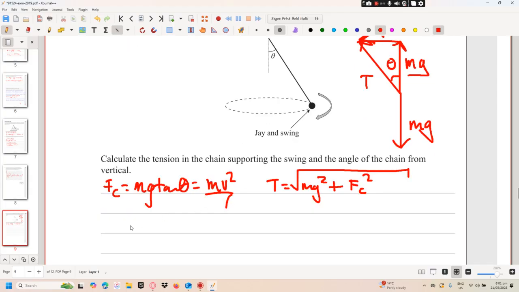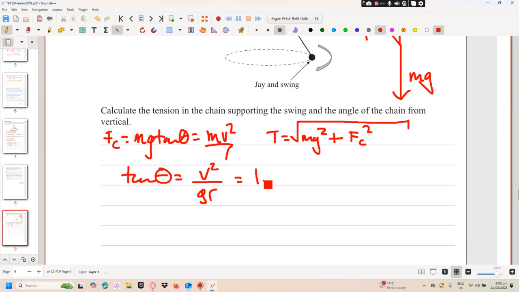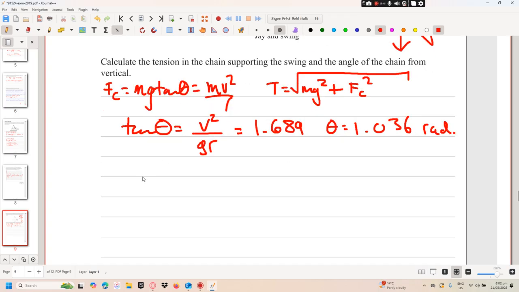Well, mv squared over r, okay, so tan theta equals v squared on gr, which is 2.61 squared on 9.81 times 0.411. 1.689, so theta equals, I'm in radians, I'm in radians. Arctan of 1.689 is 1.036 radians.